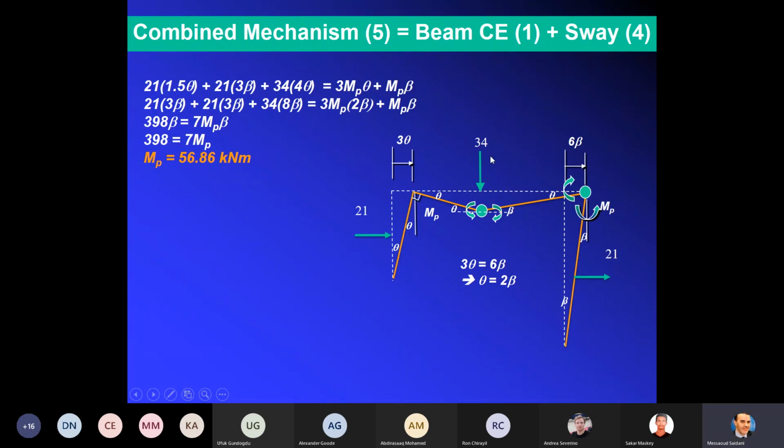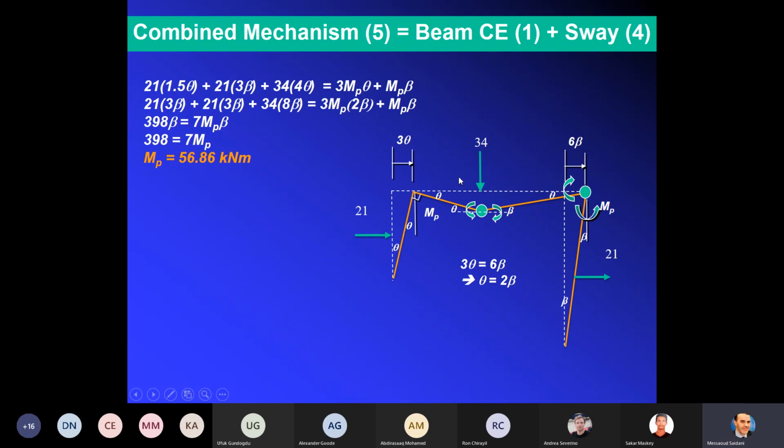Plus the vertical load, the 34, times the displacement, and this displacement is 4 times theta, because the total span of the beam is 8 meters, and half the span is 4 meters, so the displacement here is 4 times theta, equals MP theta.